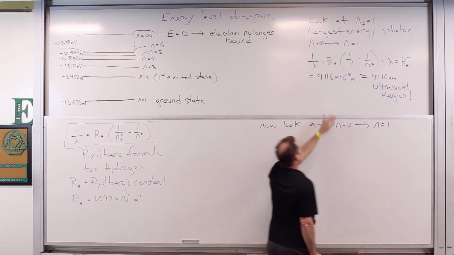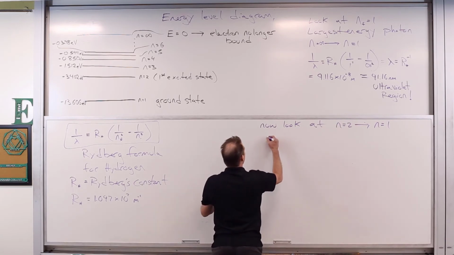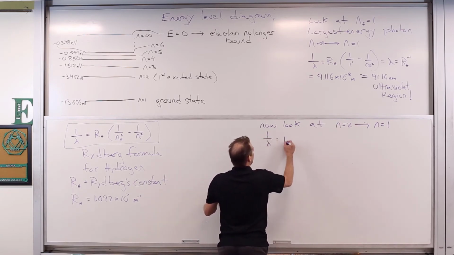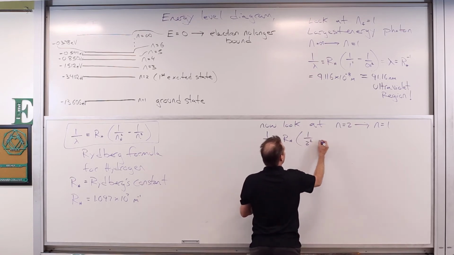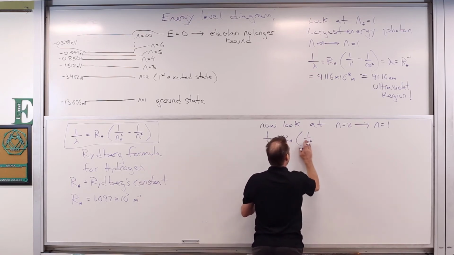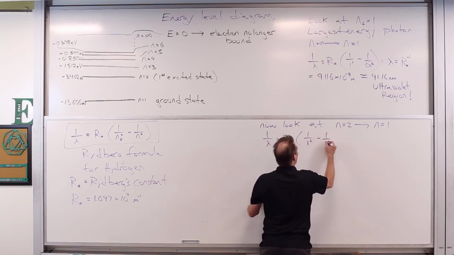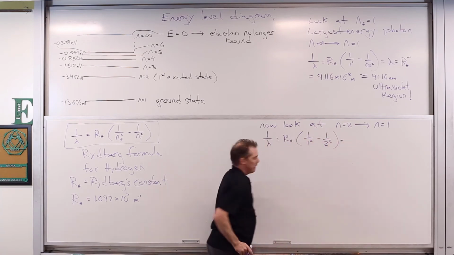So now we look at this transition, n equals 2 to n equals 1, and we've got that 1 over lambda is equal to R sub H multiplied by 1 over 1 squared minus 1 over 2 squared.